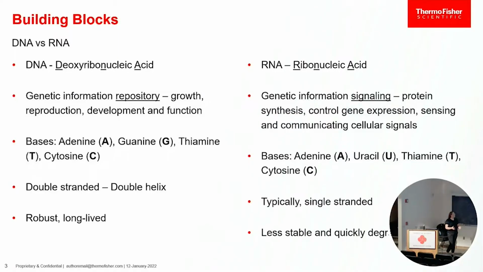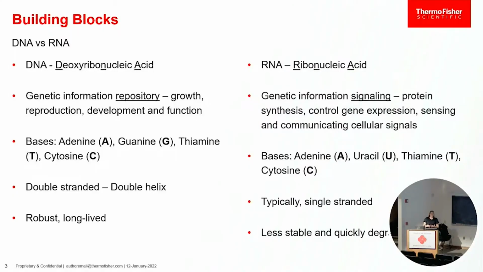It's the storage of information. It's passed on whole to other cells. There's usually just one copy per cell if you're healthy. Those come in different bases: adenine, guanine, thymine, and cytosine. So A, T, C, and G. Usually DNA is double-stranded, and it has a very long shelf life. You can do a lot of really aggressive techniques and your DNA remains intact and of good quality.